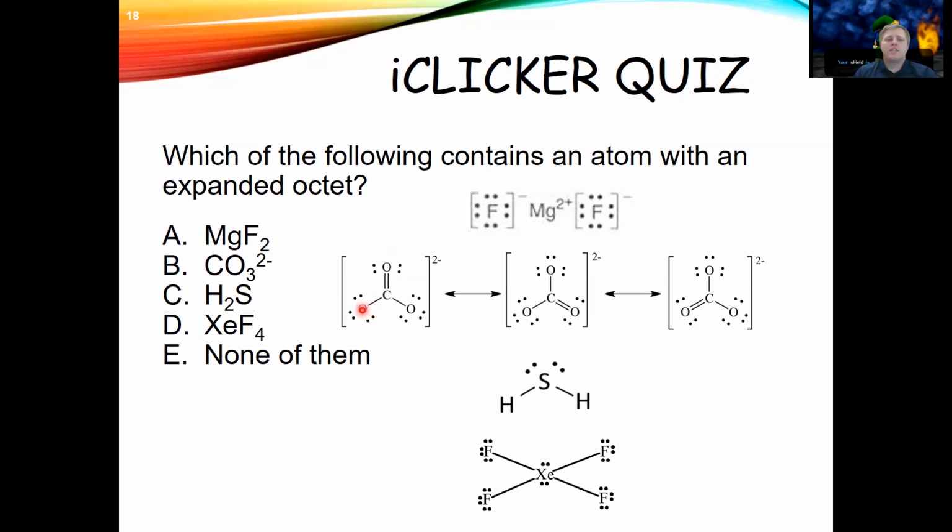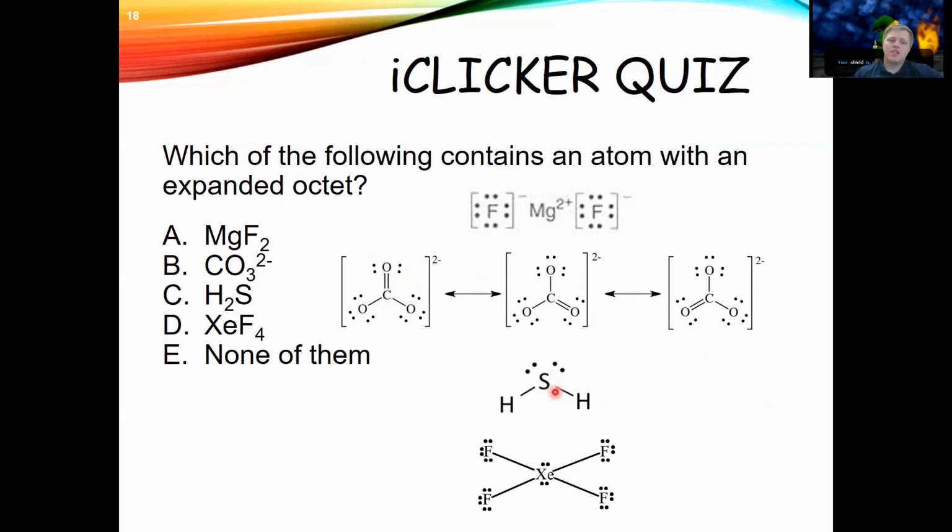One of these side oxygens has 3 lone pairs and 1 bond. That's 4 electron regions, still a full octet. And so remember with CO3 2-, we have these resonance structures, but the octets that we just counted for the first resonance structure are going to be true for all the others. So CO3 2-, nothing in there has got an expanded octet.